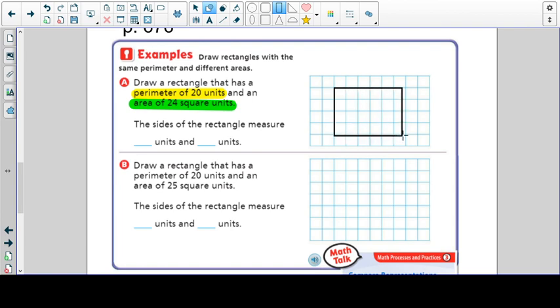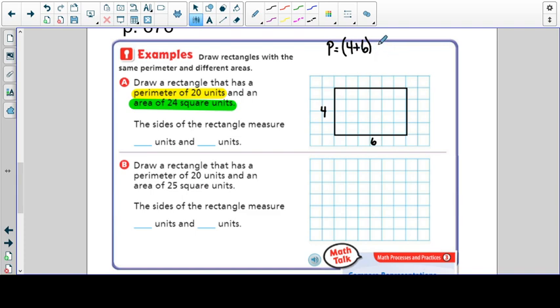Well, one example could be a 4 by 6. So we have 4 units here and then 6 right here. So if we're going to calculate the perimeter, the perimeter would be 4 plus 6, and then we have to double it to get the other side.